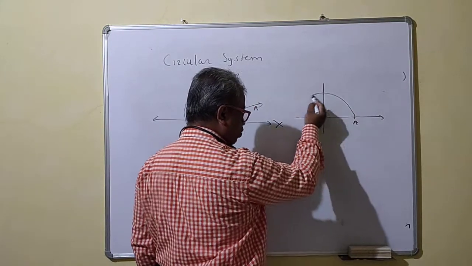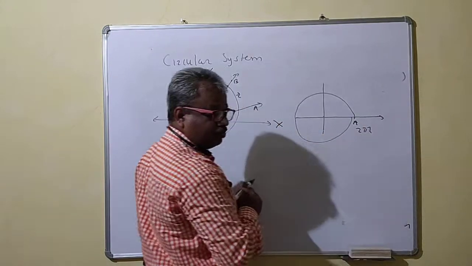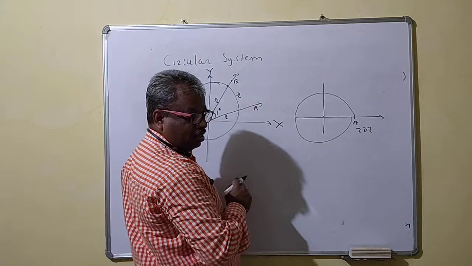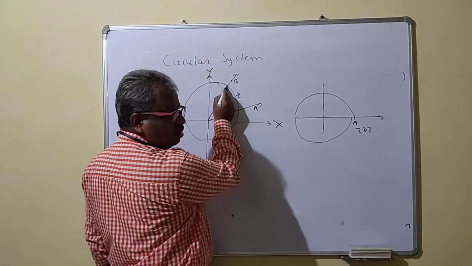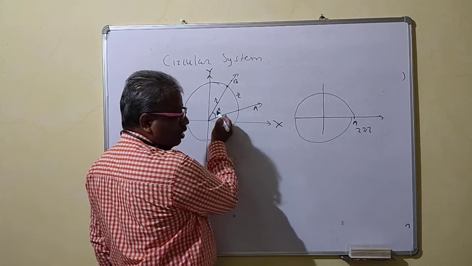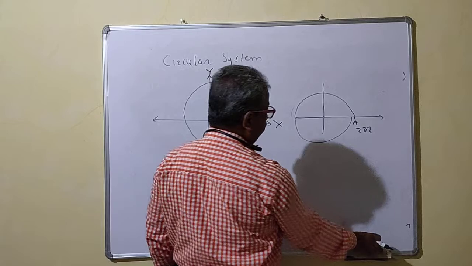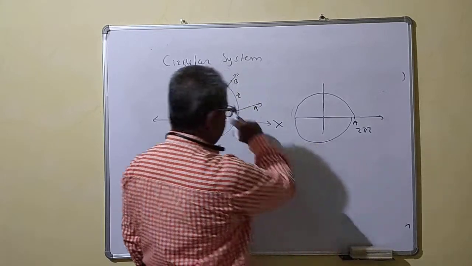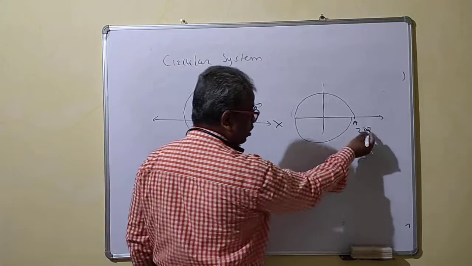If you complete one rotation, then the length is 2 pi R. One complete rotation is 2 pi R. If this is R, that means this is 1 radian.